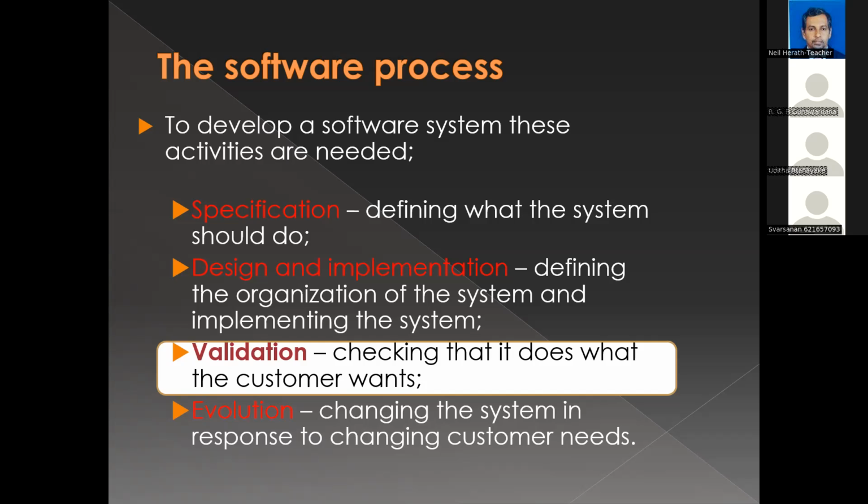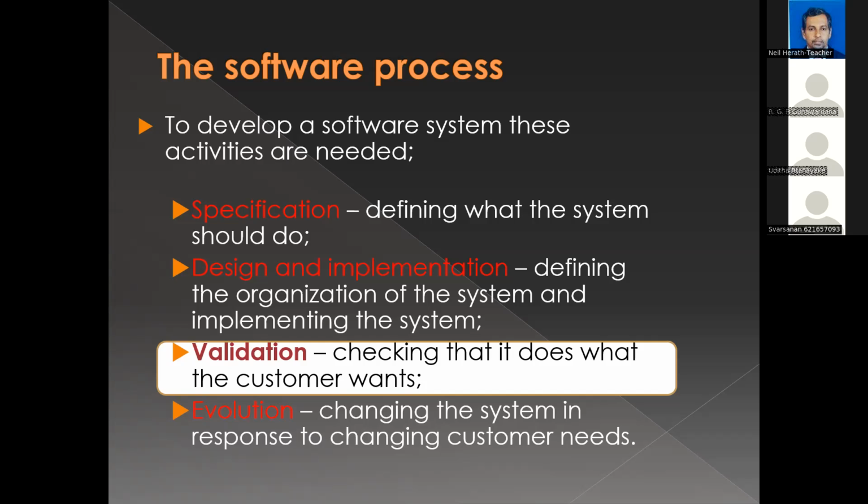So the validation will have to be done at the end of the implementation of the product. Otherwise, you will not know whether all the customer's requirements are satisfied. But validation can be done even from early stages. Then it will not be validating the whole system, but partly. Say there are different process models, spiral model, agile model, like that.